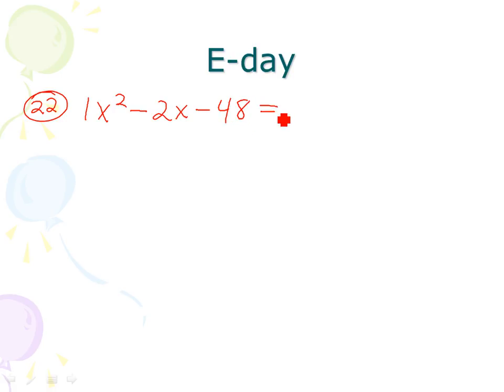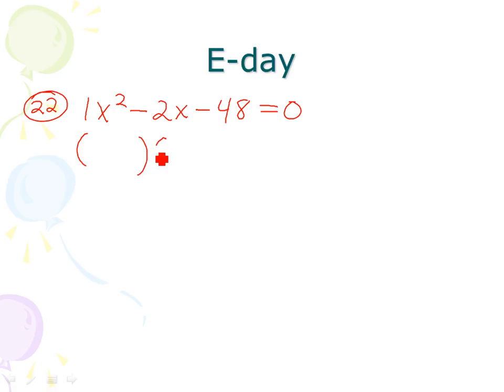Now, these are different because instead of just being expressions, they're equations. So we're going to do all the same factoring, but when we get to where we stopped on the first page, we have more to do.